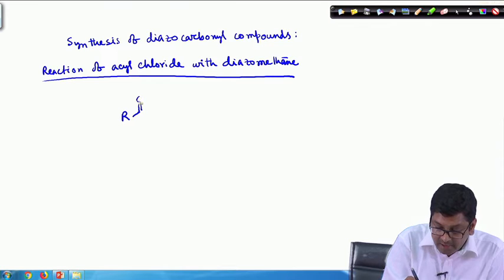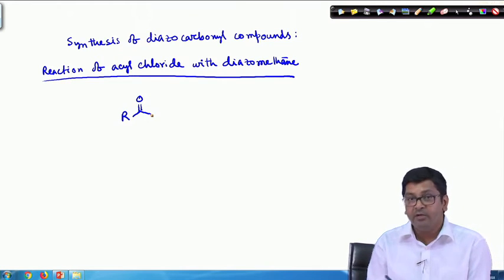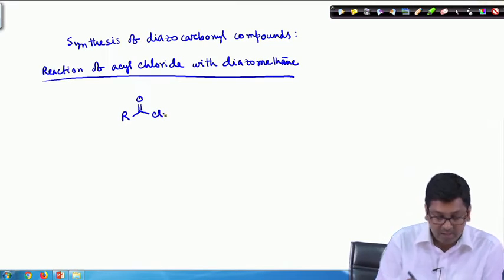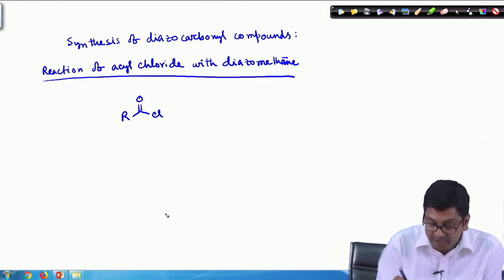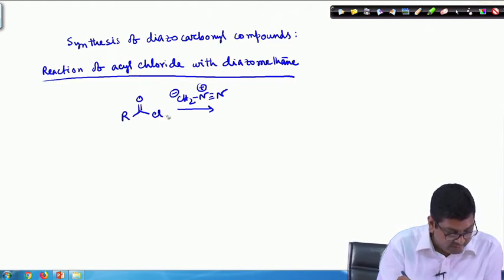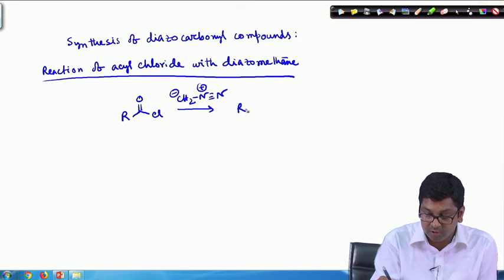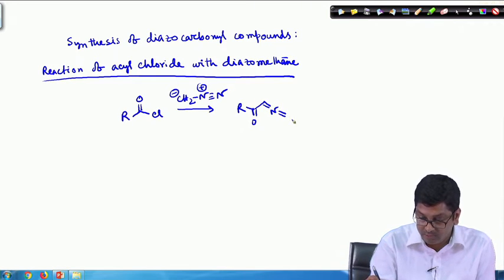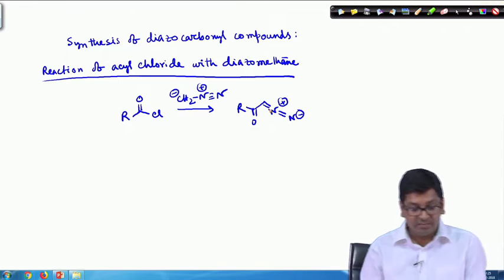If you take the carboxylic acids and treat them with thionyl chloride or oxalyl chloride, that will give the acyl chloride. Now, you treat it with diazomethane. Now, it will react to give you the corresponding diazocarbonyl compounds. Okay. What is its mechanism?